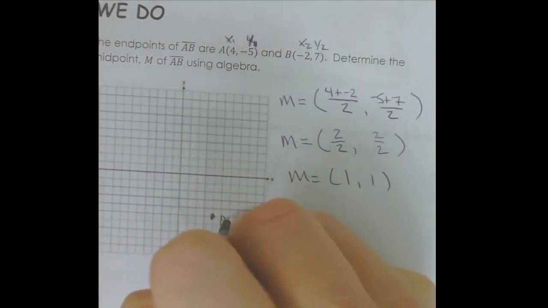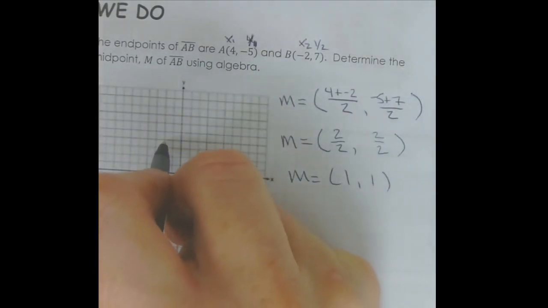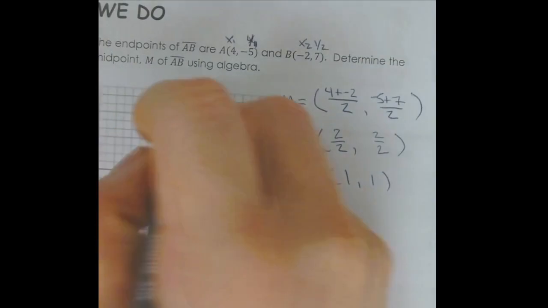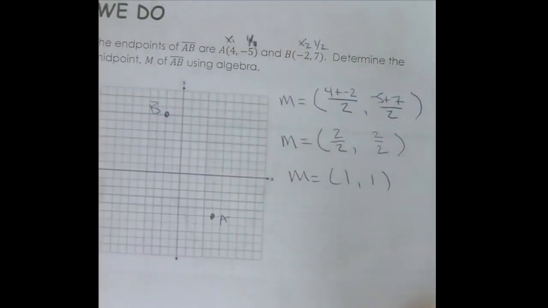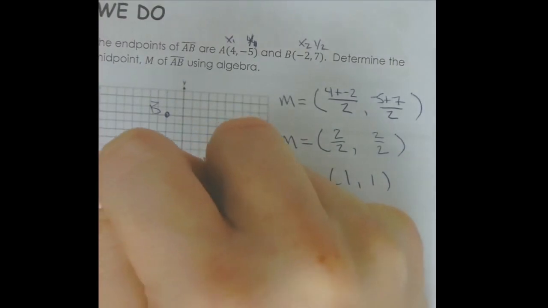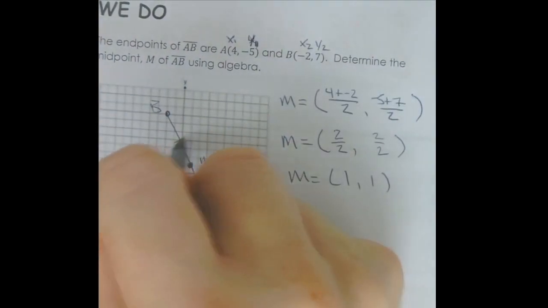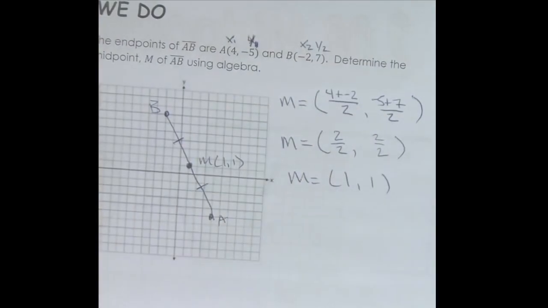That's my point A. B is negative 2, 7. And 1, 1 should be right in the center. I'm going to graph the line just to confirm it looks right. And sure enough, we end up with M, our midpoint, cutting AB into 2 equal parts.